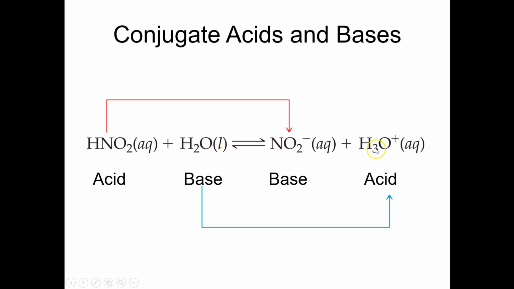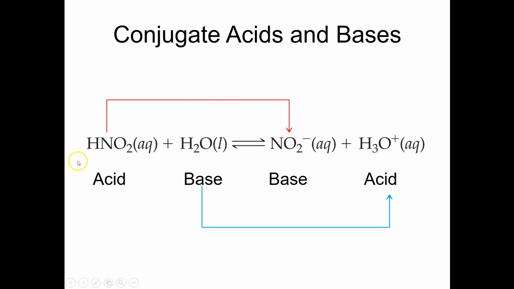Similarly, water and hydronium are a conjugate pair. If I add an H plus to water, it becomes hydronium. If I remove an H plus from hydronium, it becomes water. These two species differ only by the absence or presence of an H plus. So any Bronsted acid-base reaction is going to contain two conjugate pairs.